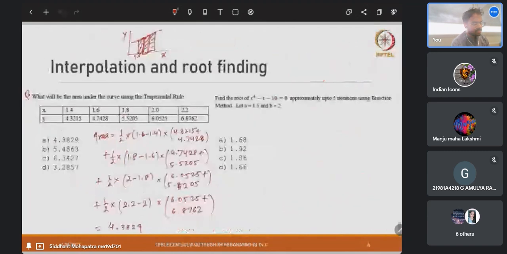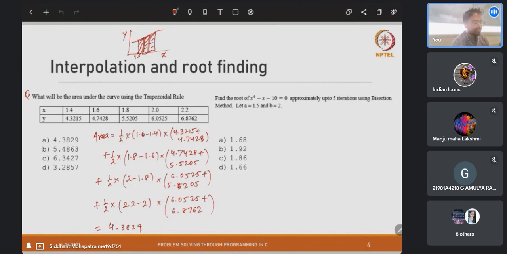For the first trapezium, the limits are 1.4 and 1.6. So I am doing 1.6 minus 1.4, which is the height of the trapezium, and the sides are 4.3215 and 4.7428, the sum of the sides.